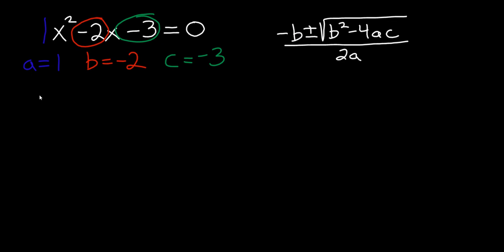I like to write it as kind of a skeleton with just parentheses, and then we can plug them in easily. So wherever we have a variable, I just put parentheses. It'll make it easy to plug in our values.